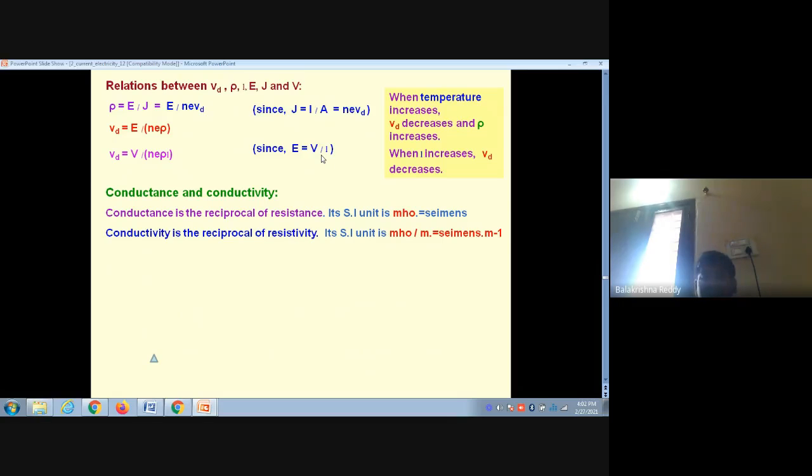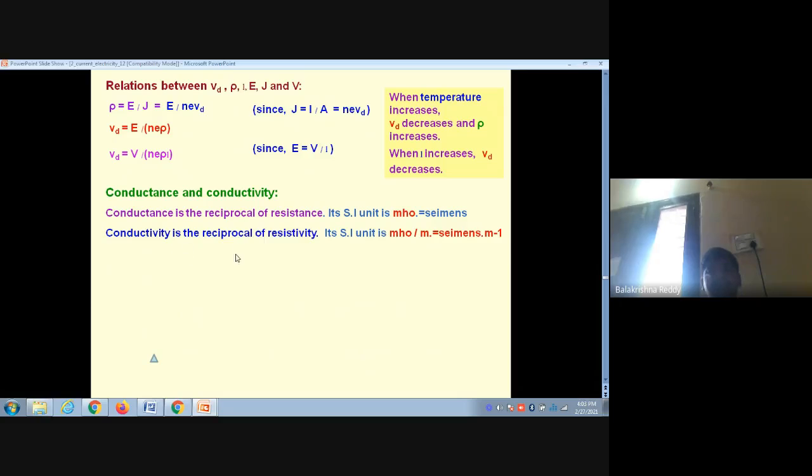So resistivity decreases there. Now, conductance and conductivity. We know the definition of ρ. What is that? Ohm meter. Coming to conductance and conductivity: conductance is the reciprocal of resistance, and conductivity is the reciprocal of resistivity, right? The SI unit of conductance is mho, that is equal to Siemens.